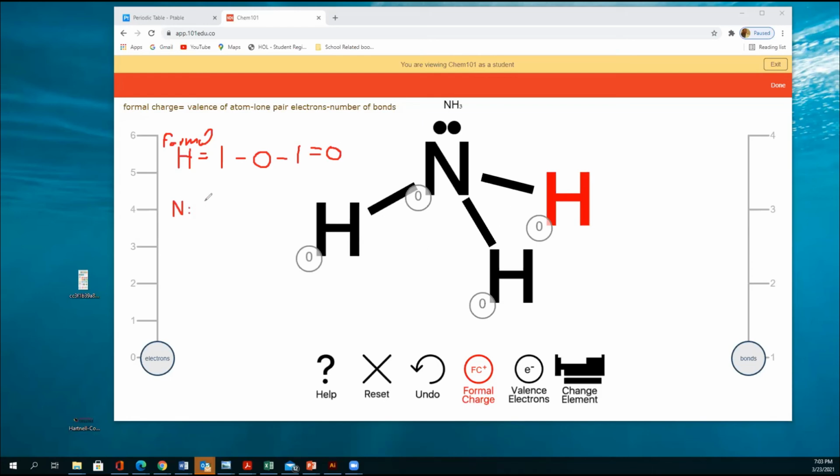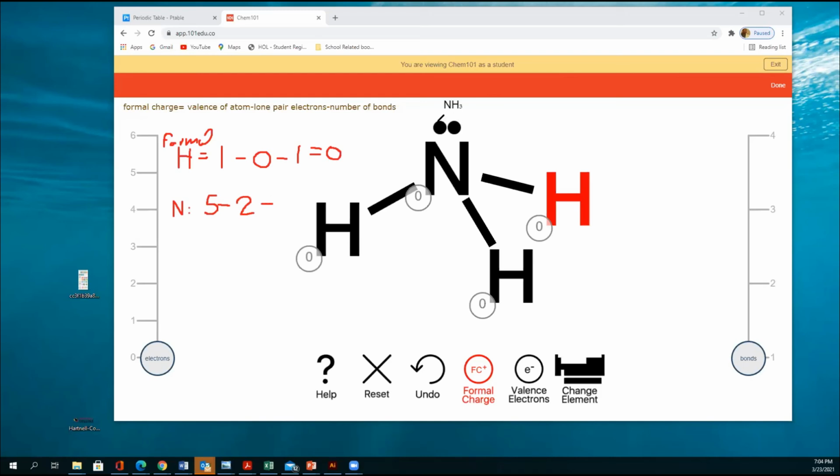How many valence electrons does nitrogen have? 5. How many lone pair electrons? How many electrons do you see up here? 2. The lone pair is the dot? Yes, those are lone pairs.